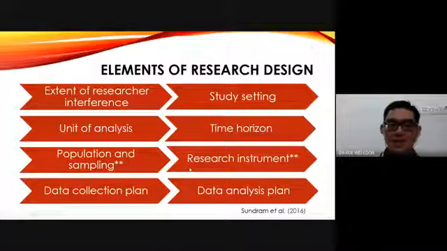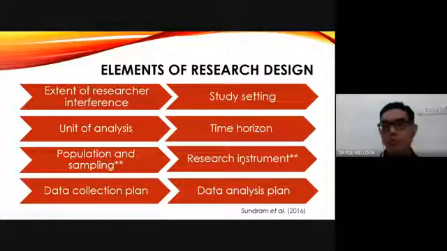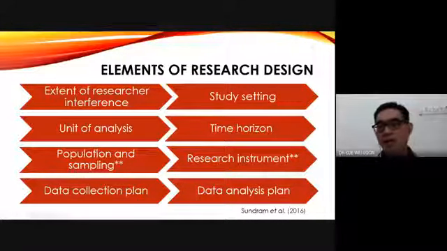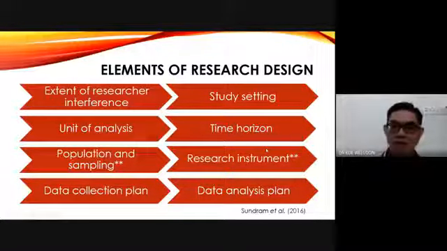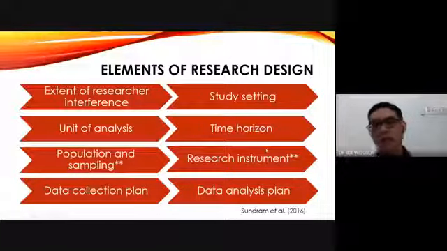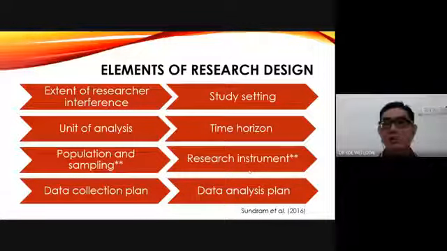So today I will just go through. If you have any question, you can still ask me, but I will not go into details because population and sampling alone takes another two hours, and research instrument may take another two hours. We do not have that much time to discuss these two topics thoroughly. So that's why I put a star here.